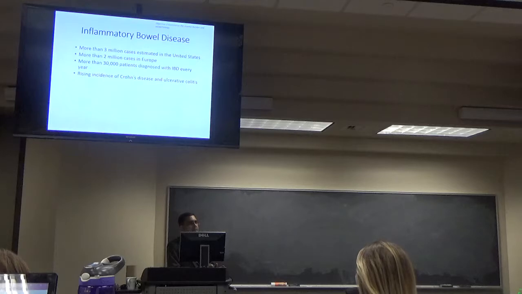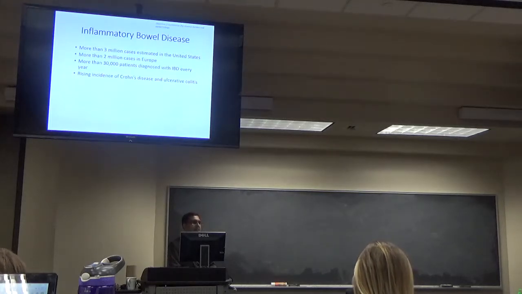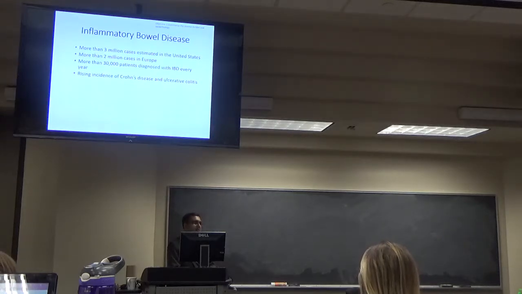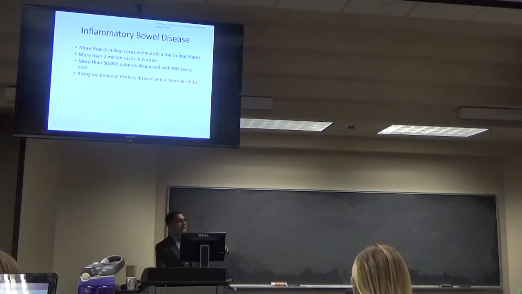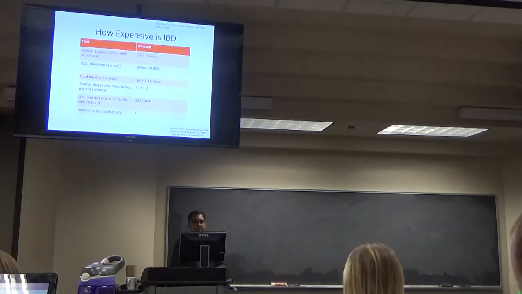And then when I was graduating in 2009, we would have 3 or 4 patients every day. And now I practice mostly IBD, and we see about 17 to 18 patients with Crohn's and colitis every day. So the incidence and the prevalence of Crohn's disease and ulcerative colitis is increasing.